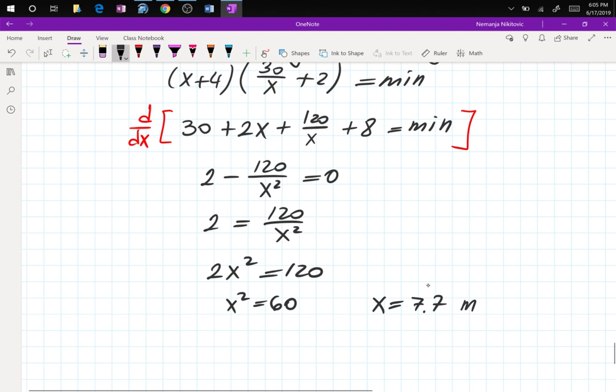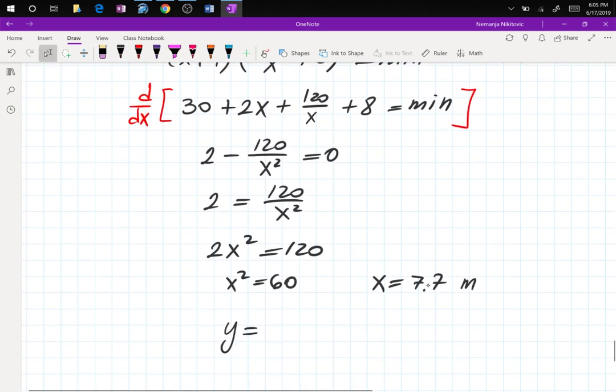Oh, absolutely. And then we have y is equal to 30 over x, which is 30 over 7.7. And we get 3.9 meters.